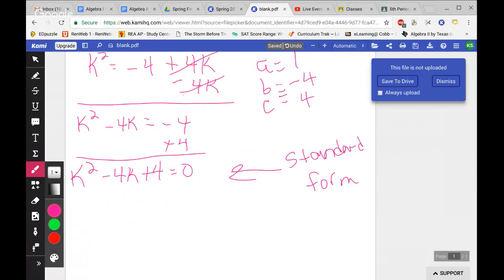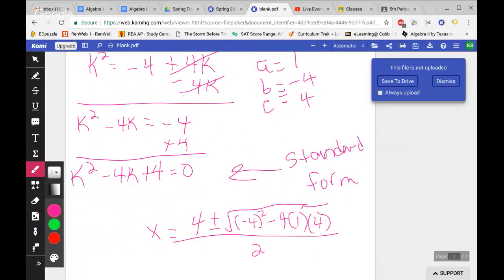Now we're going to plug it into the quadratic formula, which is -b plus or minus the square root of b squared, that whole thing. The negative b, or opposite of b, means it's going to be the opposite of -4, which is 4, plus or minus the square root of -4 squared minus 4 times A, which in this case is 1, times C, which is 4, all over 2A.